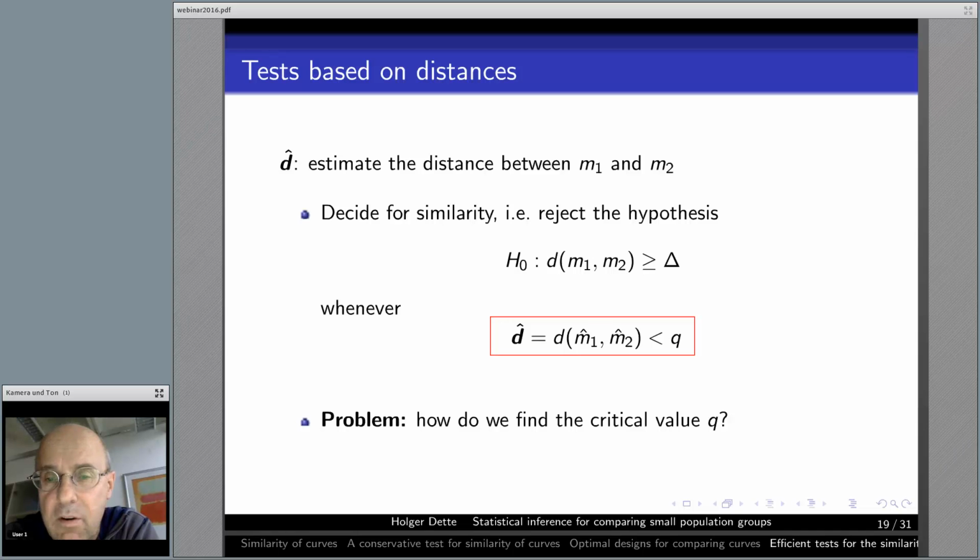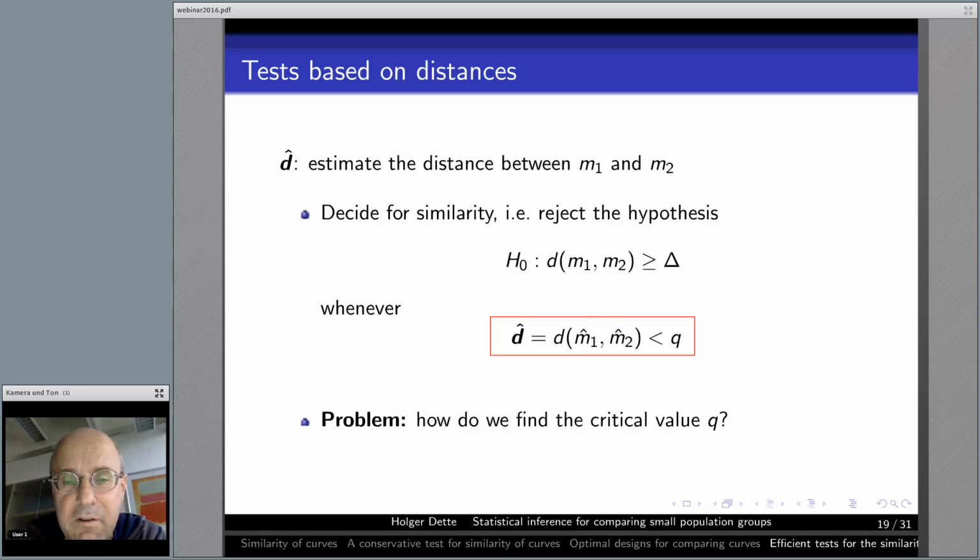That's the red box. I will explain a little later how we get this estimate. It's quite simple. And then we just reject the null hypothesis if this estimate is smaller than a pre-specified critical value, Q.